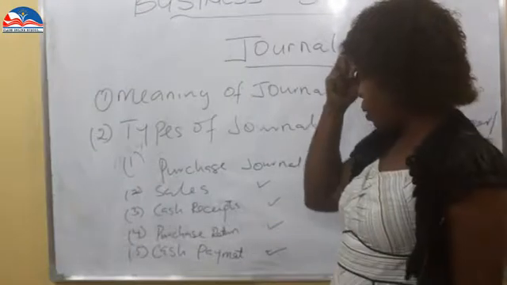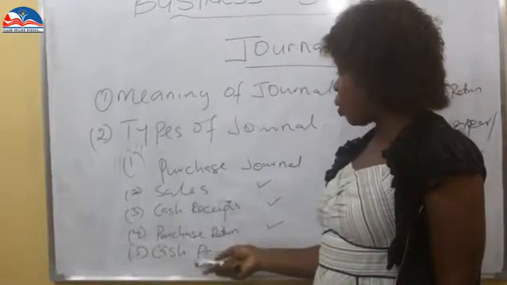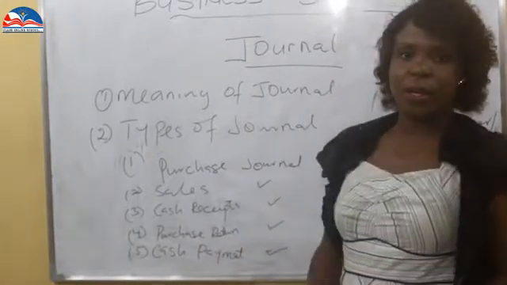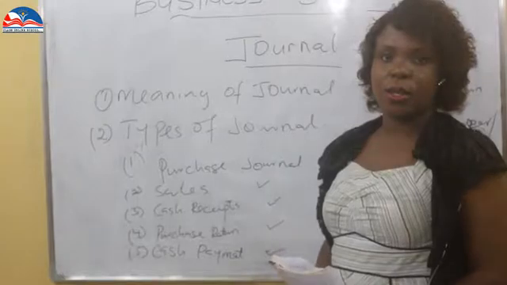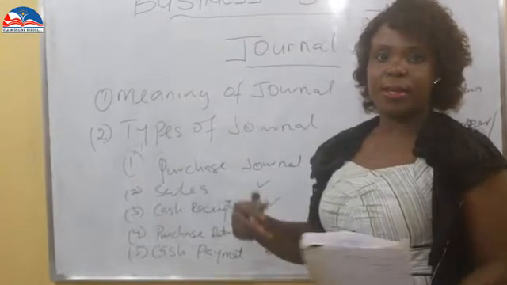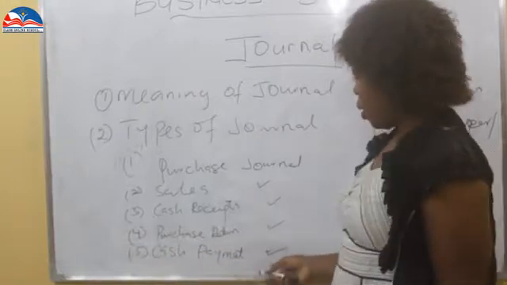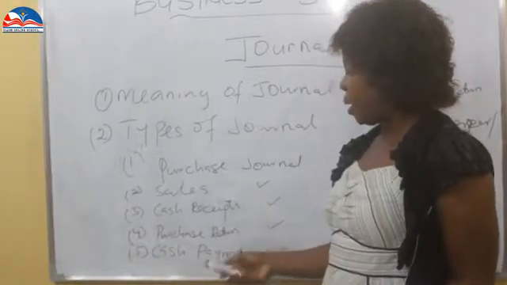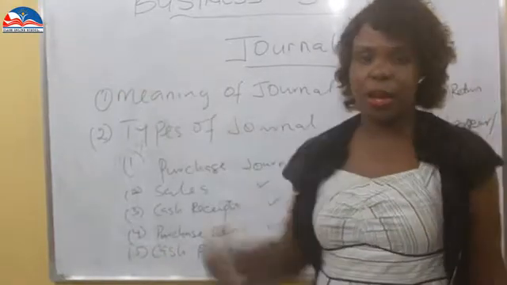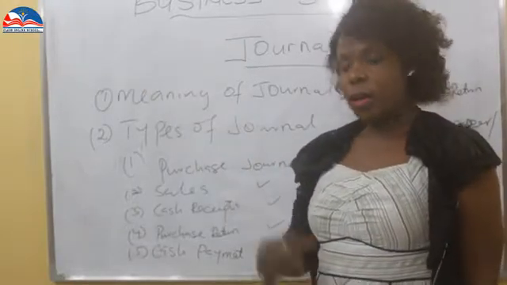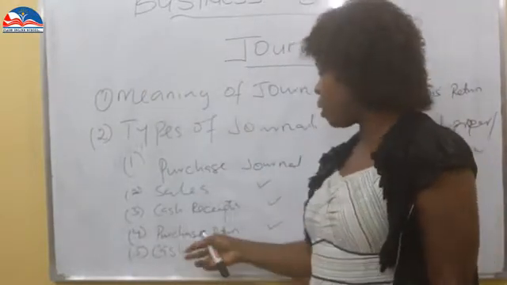Having seen what a purchase return journal is, now we go to cash payments. Every organization buys something from others. So in cash payment, the organization pays out money.